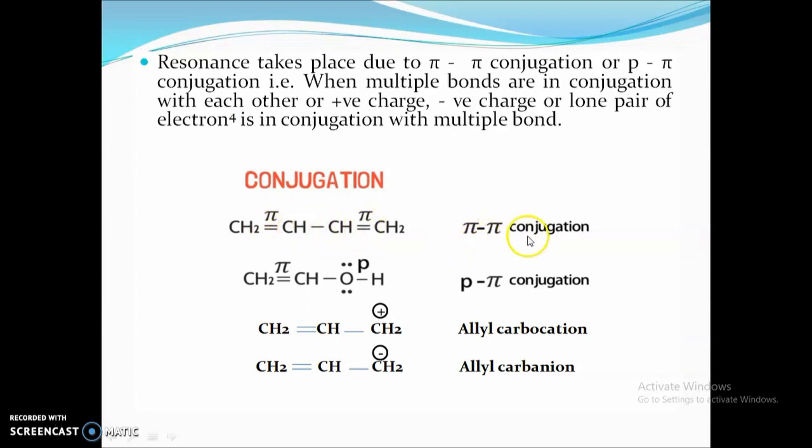So here pi conjugation occurs. In the next case, this double bond is in conjugation with a lone pair of electrons, and that's why here also the mesomeric phenomenon will be there, and here p-pi conjugation occurs. This is the allyl carbocation, where positive charge is in conjugation with a multiple bond, so here also the resonance phenomenon will be there. In the case of the allyl carbanion, over here negative charge is in conjugation with a multiple bond, so here also the mesomeric effect is observed.